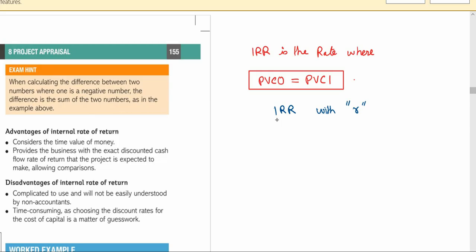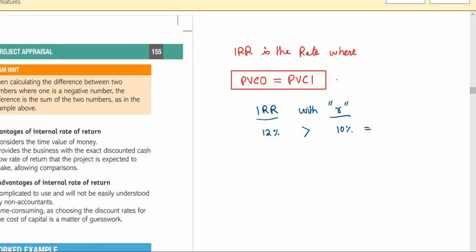For example, the IRR is 12% and the market rate is 10%. It means the IRR is the profit rate which the business normally earns, so the business is earning a higher rate than the market rate of interest.